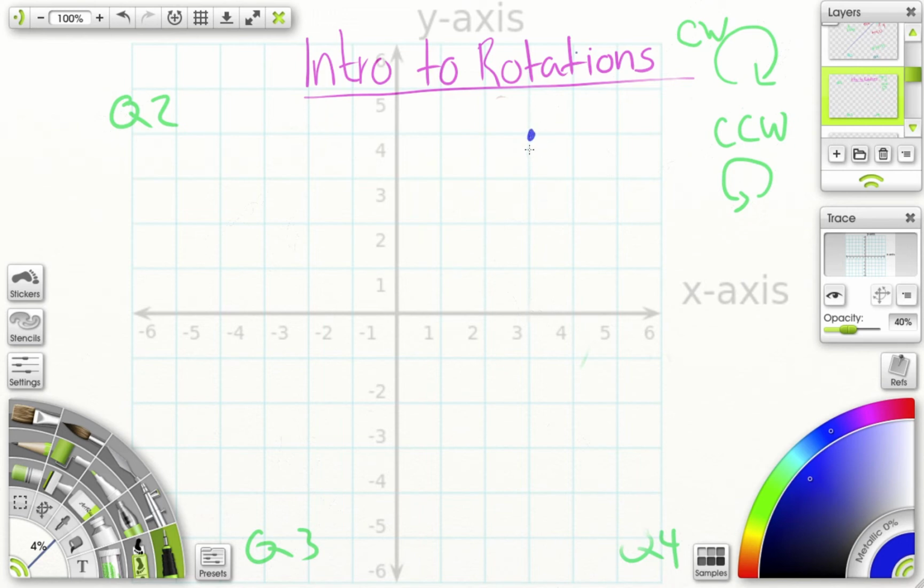This will be my A. It's going to be 3, 4. I have a question that tells me to do 90 degrees clockwise. Which direction am I going? Clockwise, I go this way. So 90 degrees clockwise, I'm going to end up over here. So I know A prime is going to end up somewhere in this quadrant. Now I just have to figure out where.